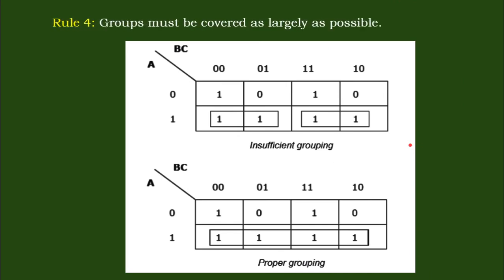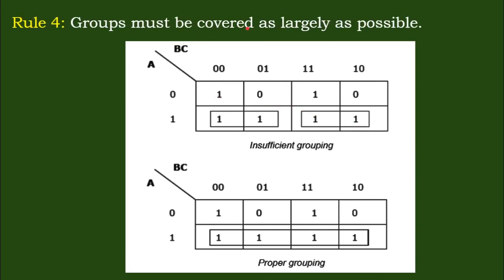Then rule 4 says groups must be covered as largely as possible. That means we should first look for the biggest group available. Only then we go for the smaller groups and further smaller groups. Here there are 4 ones which are adjacent to each other.